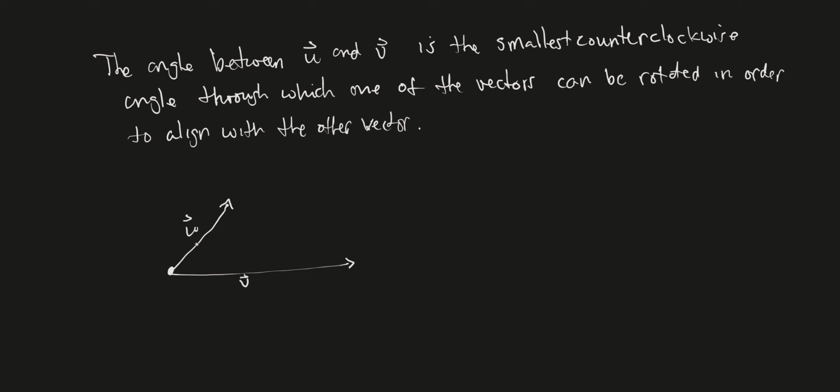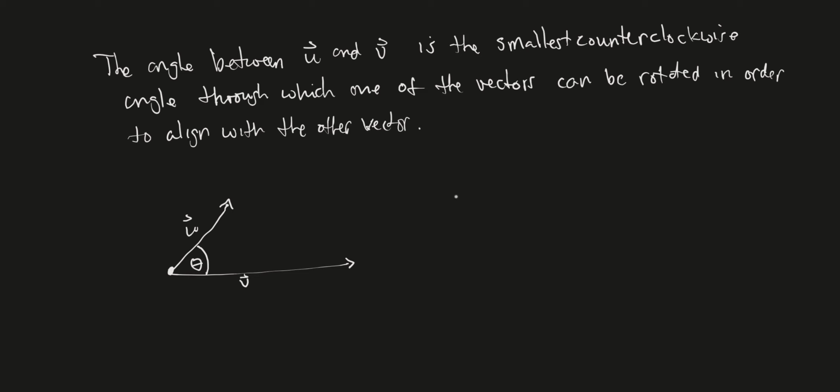So the way these are positioned, we're going to rotate either one of these vectors counterclockwise. And in this case, for the smallest counterclockwise angle, I would have to start with V and rotate it this way in order to coincide with U. So this is the theta, right?